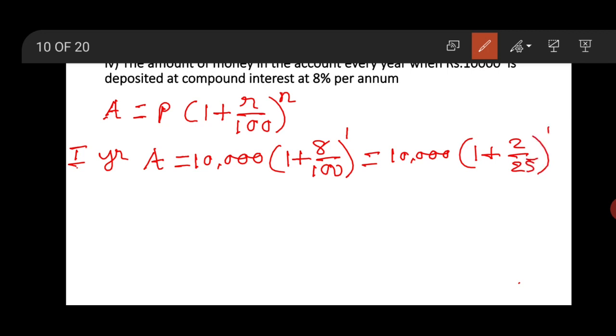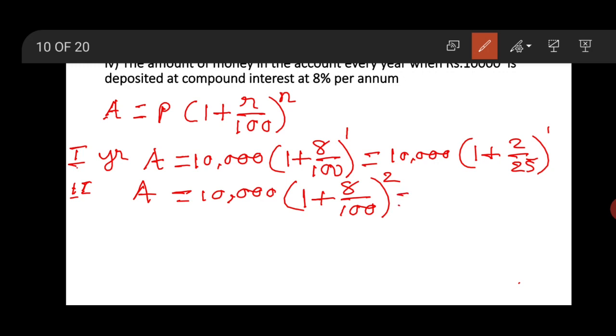Yes. Next, for the second year, similarly, what is the net amount? Substitute in the formula. You will get 10,000 into 1 plus R, which is 8, it does not alter. Only the number of years is altered. So the answer is 10,000 into (1 plus 2 divided by 25) whole square. Again, for the third year, what is the net amount present in his account?